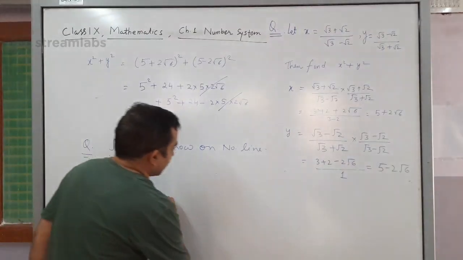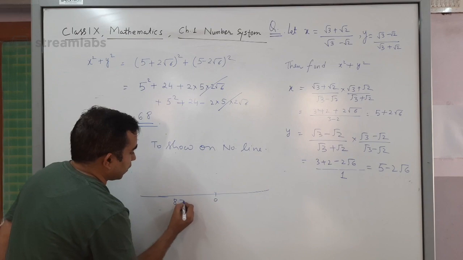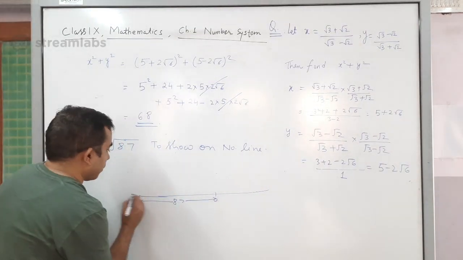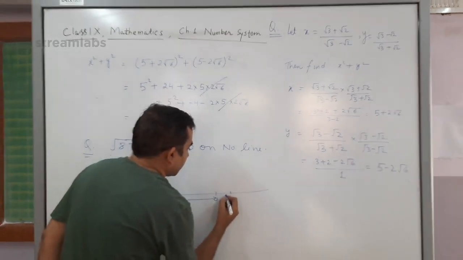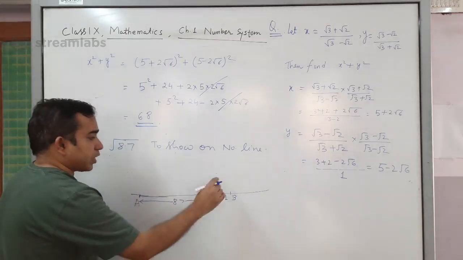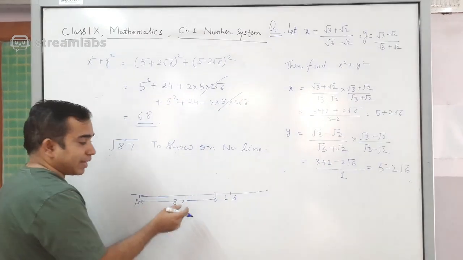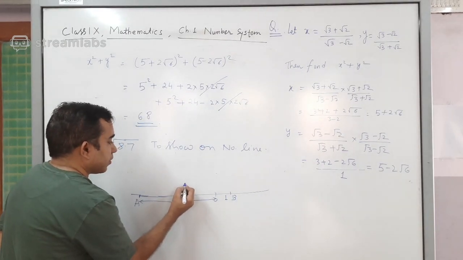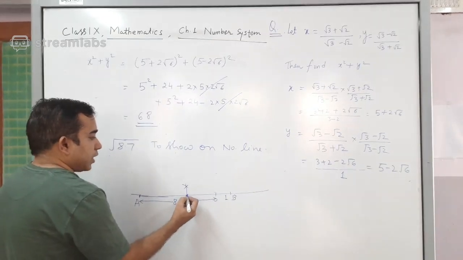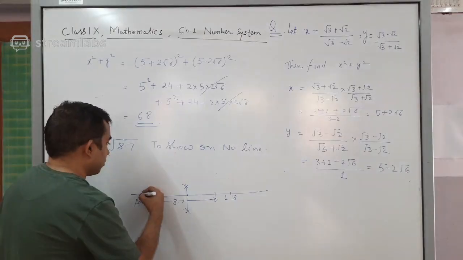Okay, so similar to the way that we have seen, this is origin, 8.7, you measure and mark one point, say it is A. Here you mark 1, say it is B. Right, now you take total AB. Find the midpoint. How? By drawing a bisector of it. Find the midpoint, right? And now you take this point and this distance as the radius and draw a semicircle.